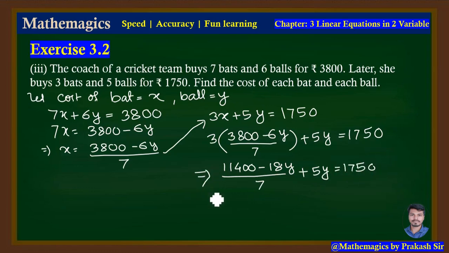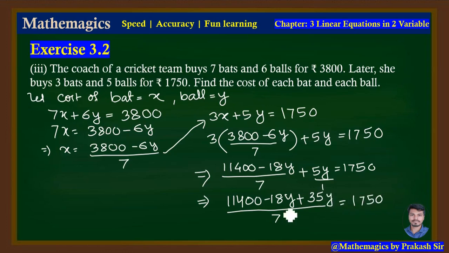This implies that, now again, this is (11,400 minus 18y) over 7 and 5y. These two fractions we are going to add, so the LCM becomes obviously 7. So 7 times 5y is 35y, equal to 1,750.